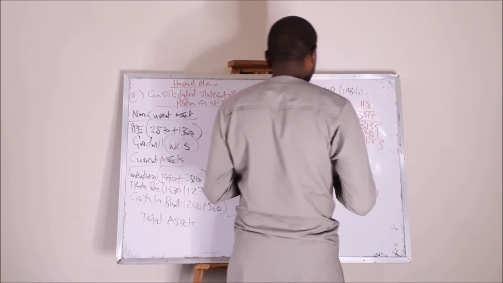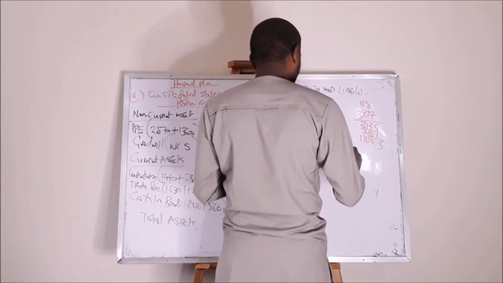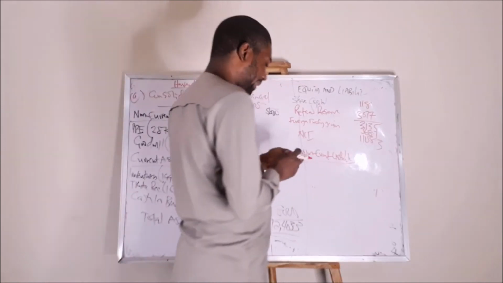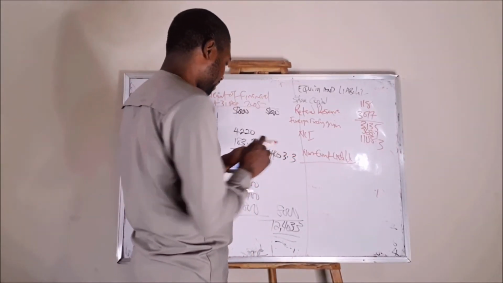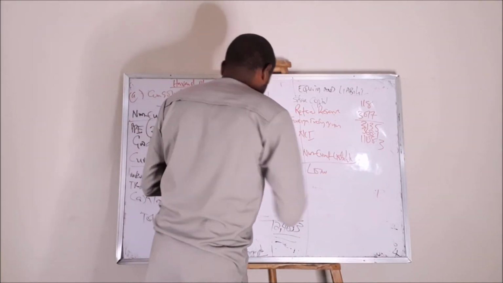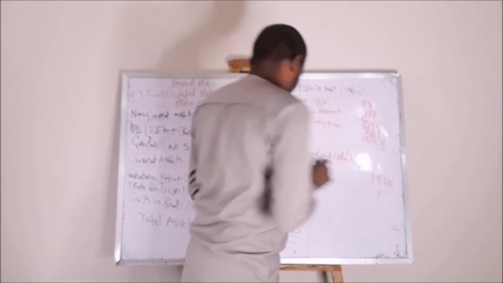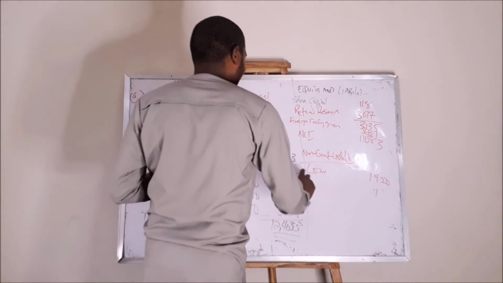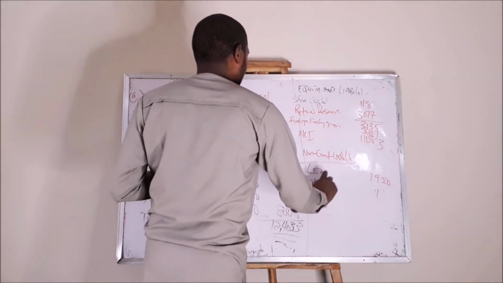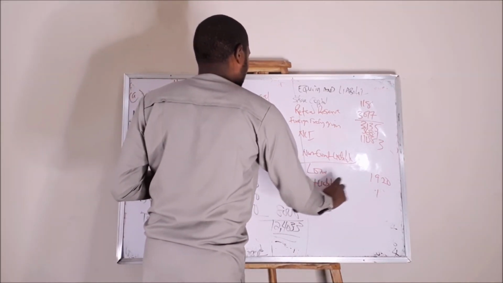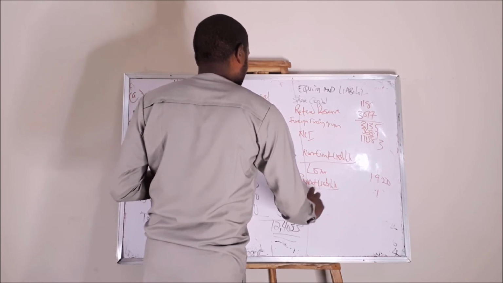The non-current liability. Under non-current liability, you have loans. And the only loan we have is that of the 1927. That of parent. The current liabilities. You have the only current liability of trade payables.